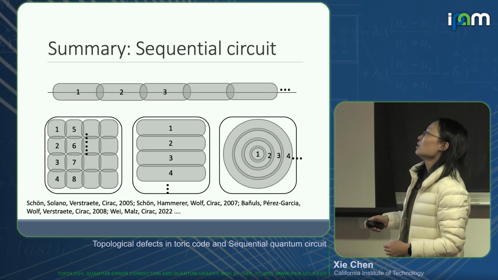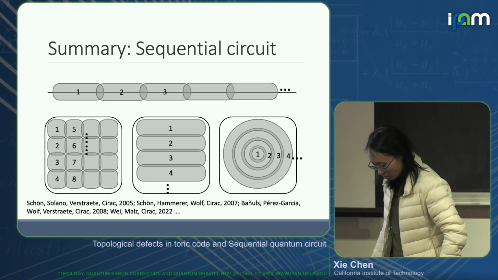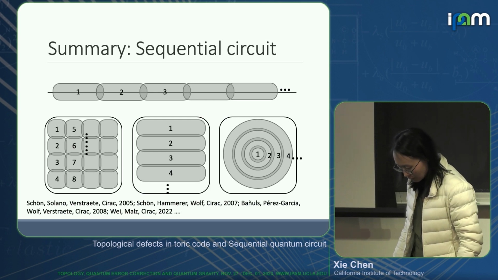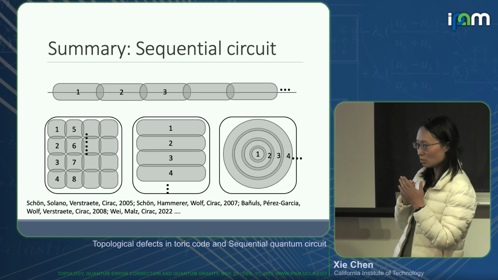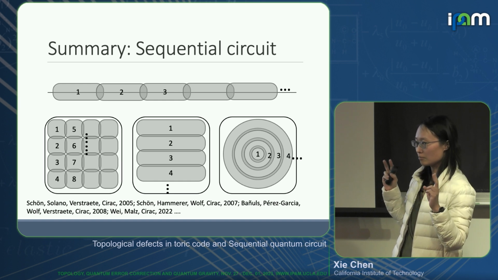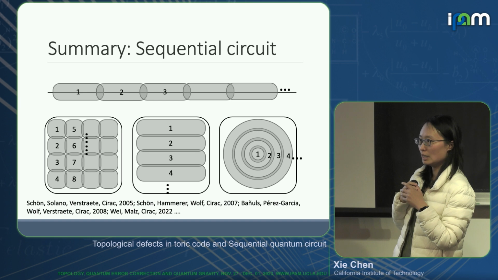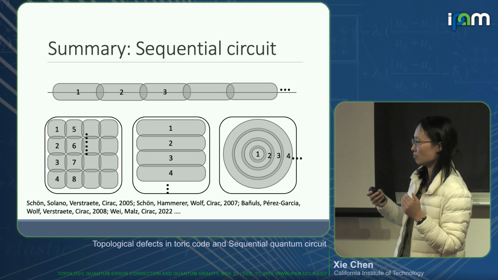So to summarize, we developed this whole idea of sequential circuit, and it turns out to be a very useful tool when we try to think about things that are gapped, or at least when we try to change gapped features in a system.